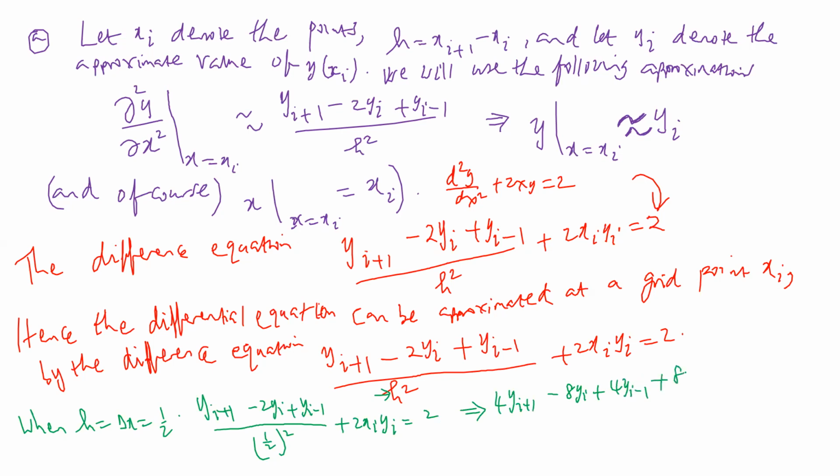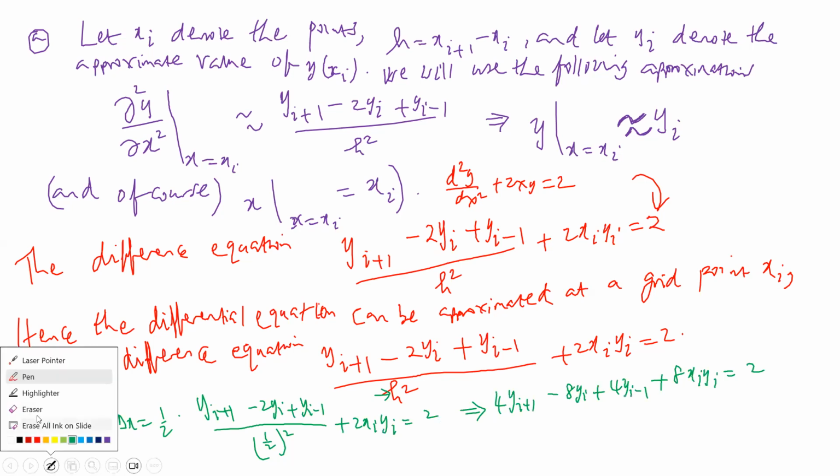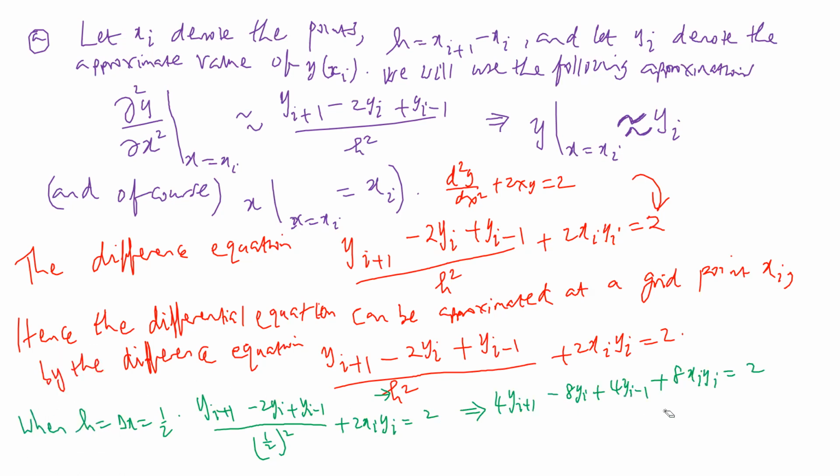Okay, and then you have 8xi equals, no, it's not 8 here. It equals 2. We're just trying to manipulate these, so we're making h 1/2 because it was given that way. But this one here is going to remain 2 because this 1/2 only divides the first 3 terms of the difference equation. So this one remains 2.